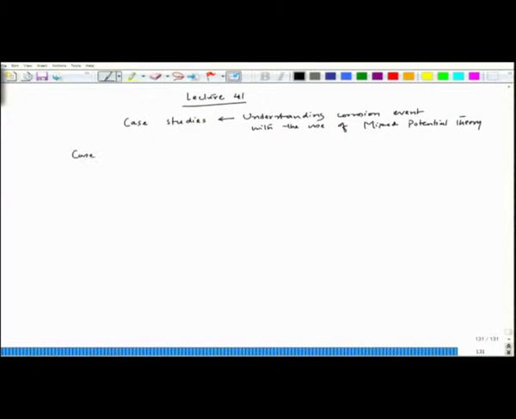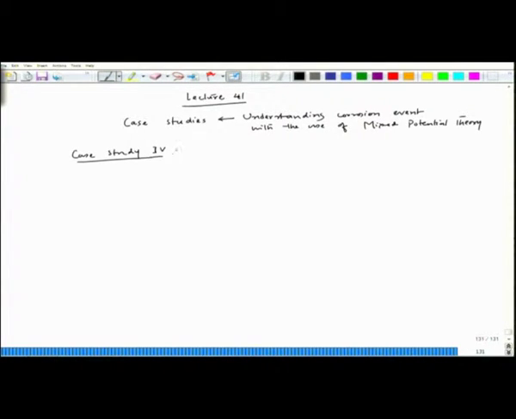If the area of the noble metal increases without increasing the area of the active component, the corrosion rate further increases because of this enhancement in the cathodic area as compared to the anodic area. So, now in the case studies, today's case study, rather I would say case study 4.